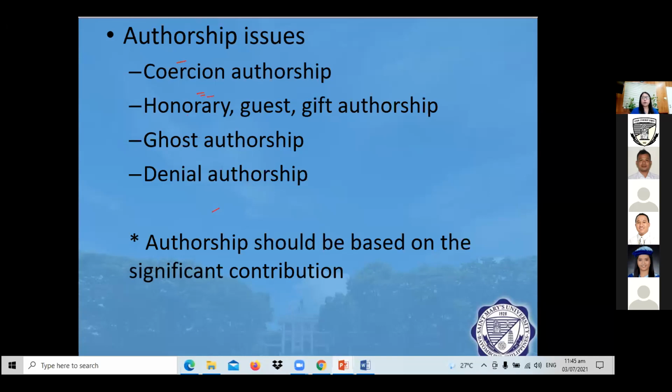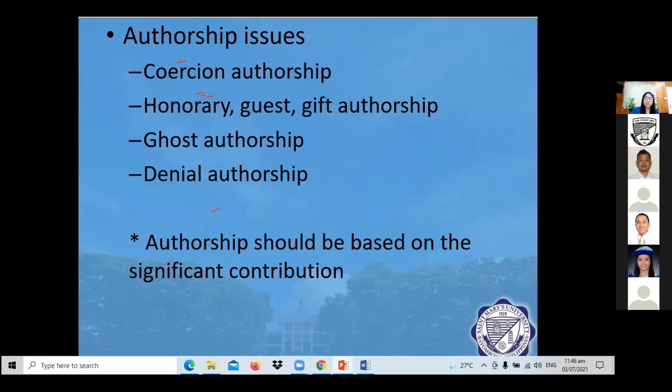So these are the authors that are there because it is your friend, maybe your colleague, you want them also to be placed there, or you have this debt of gratitude because the author placed your name in the paper that he or she published. So in return, you're also going to place her name in your paper.